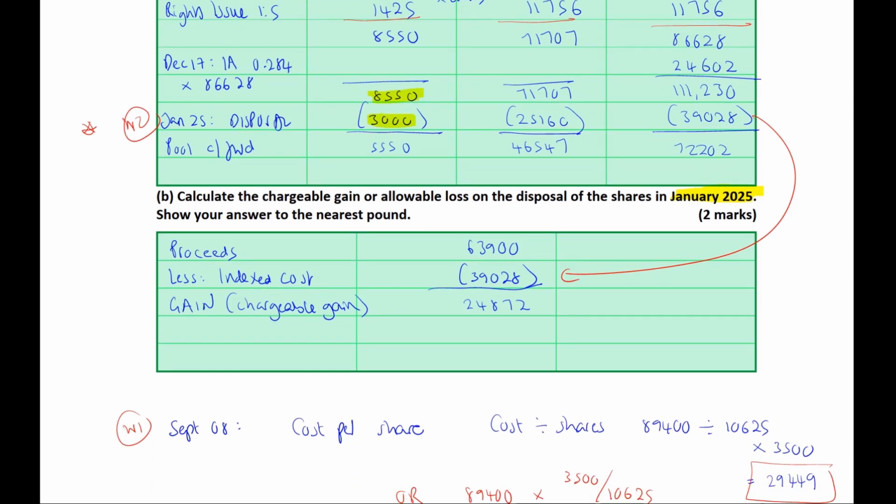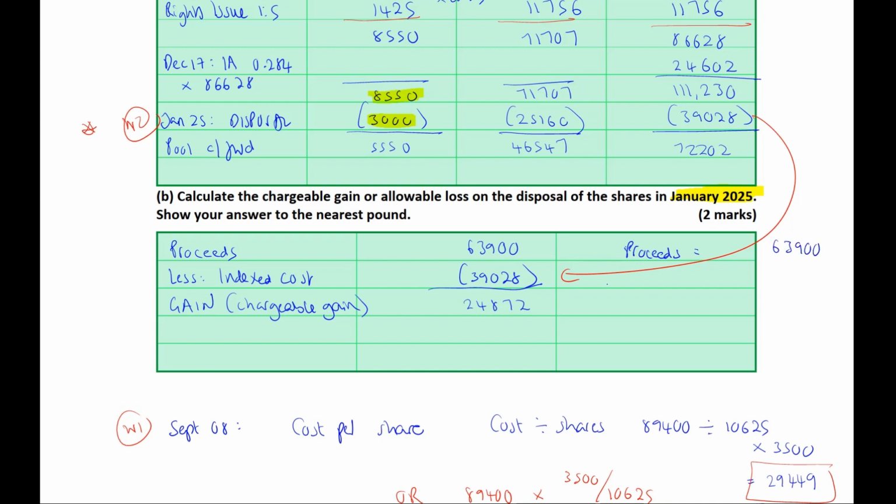So the only other thing to consider here is that indexation cannot create, nor can indexation increase a loss. So we can't create a loss, we can't increase a loss. So if you ended up with a loss on that last line, you'd have to change the format slightly. Only slightly. You would have to show proceeds of 63.9.